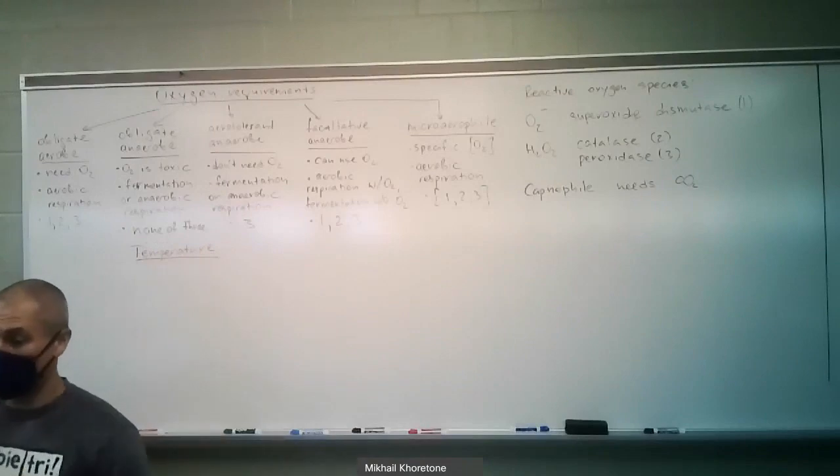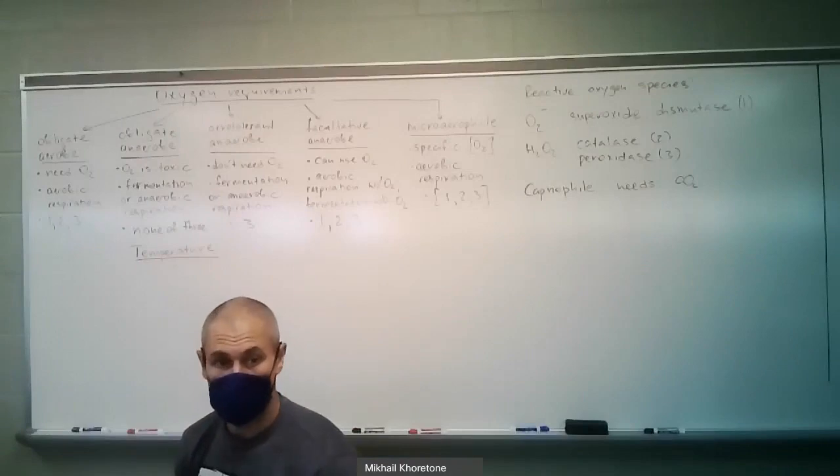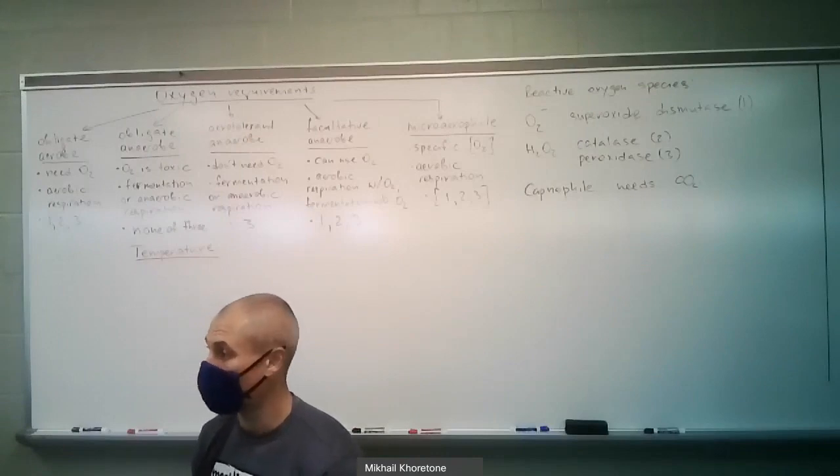Something that I want to make very, very clear. I will not ask you to memorize the exact temperature ranges for each class. You have to have a general appreciation, sort of main features, okay?